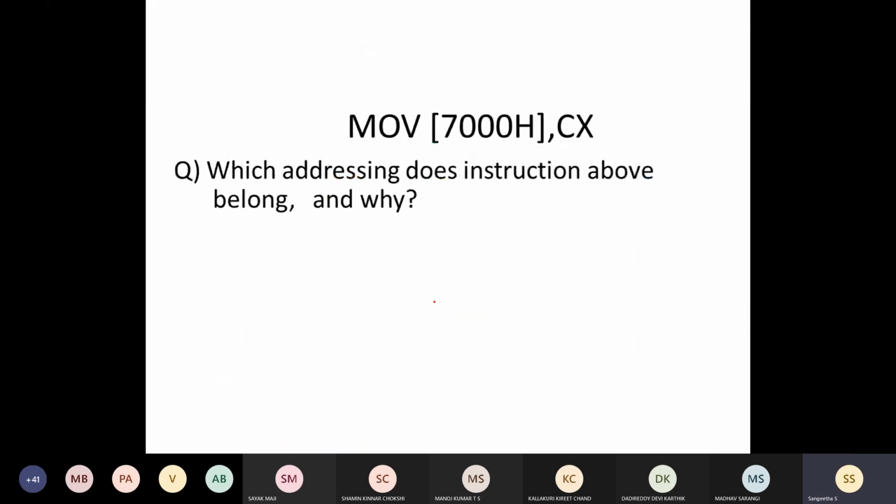So can you tell me what this addressing mode is? We have seen types like immediate, direct, register indirect. So which addressing mode does this particular instruction correspond to?